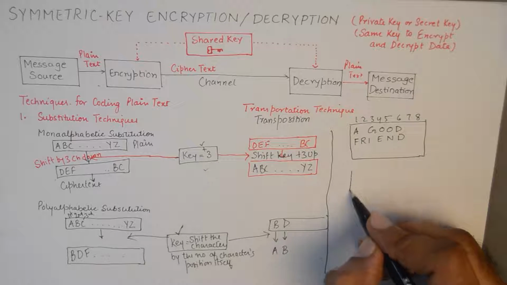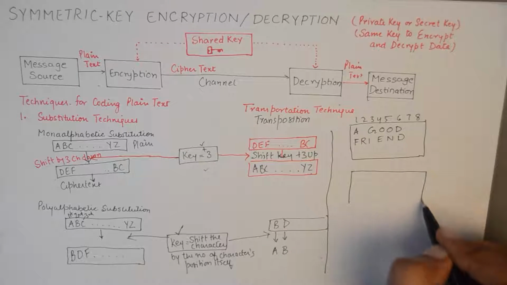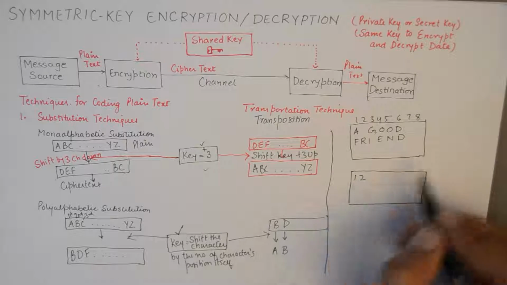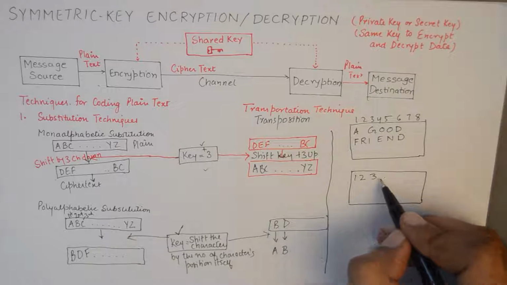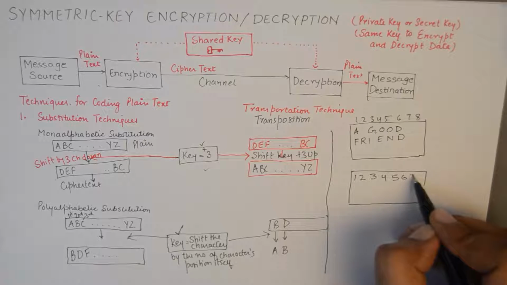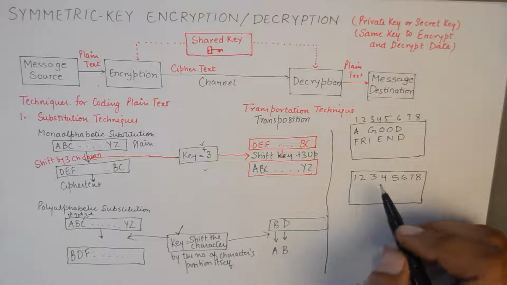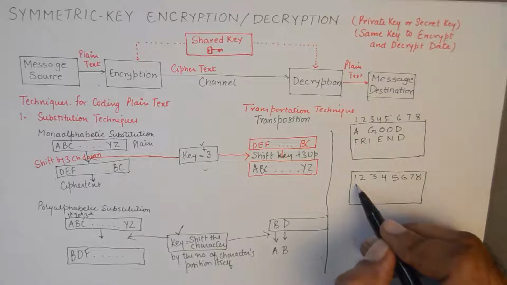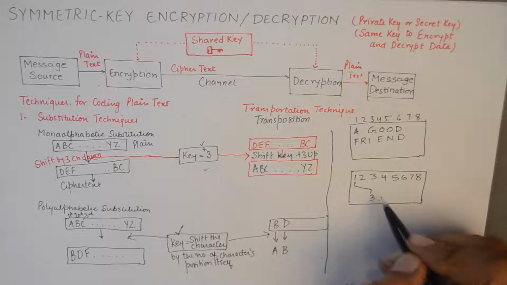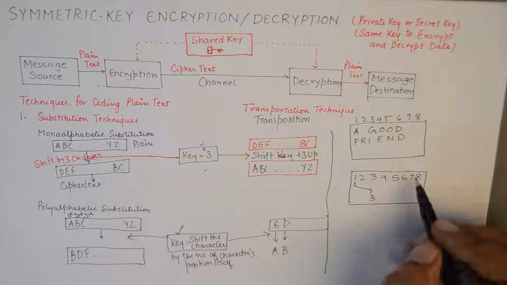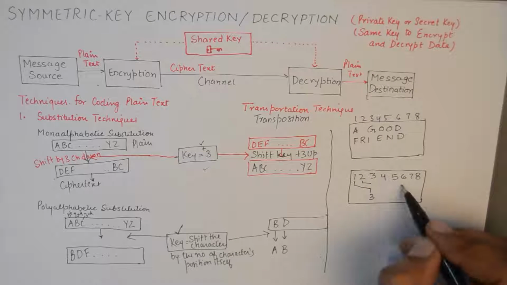Now if I draw a secret key algorithm like this, for all the possible positions in the row, I'll decide that 1 will take up the position of 3, and 2 will go to 6.